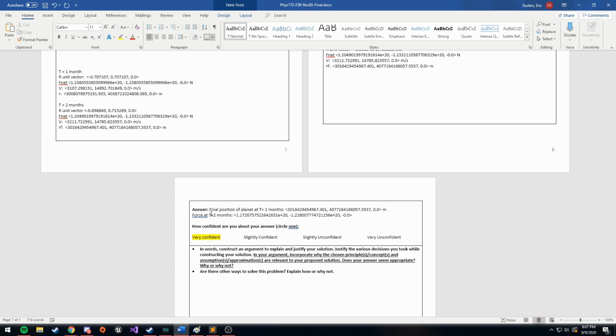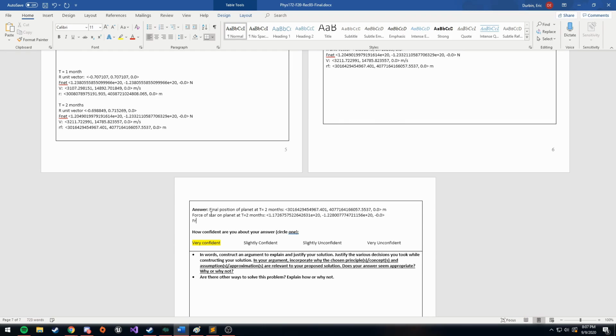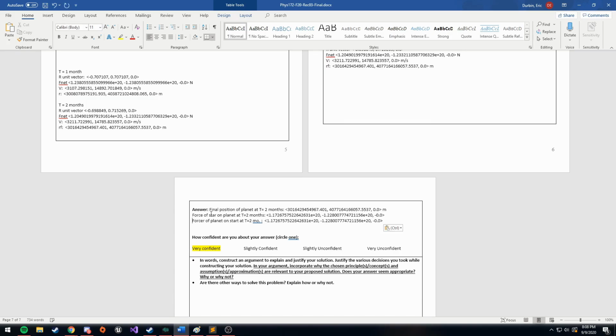For the force of the planet on the star, you need to take the same thing and negate it, so equal and opposite. Flip the minus signs.